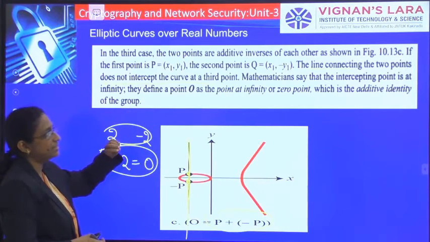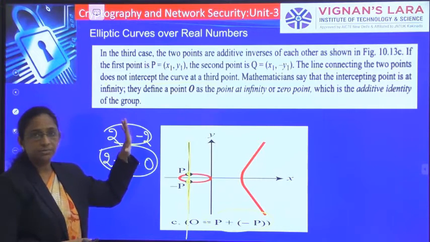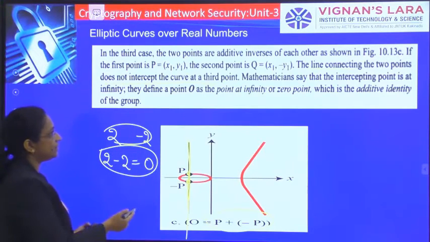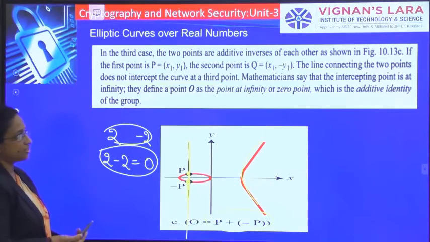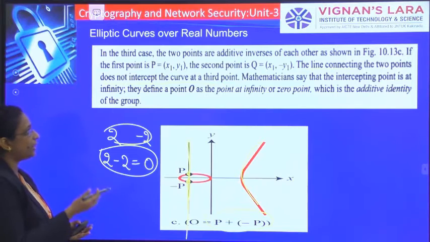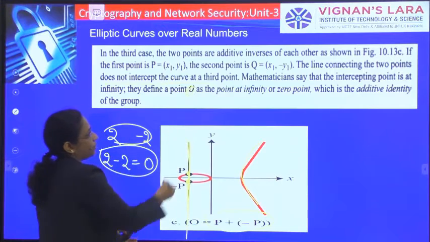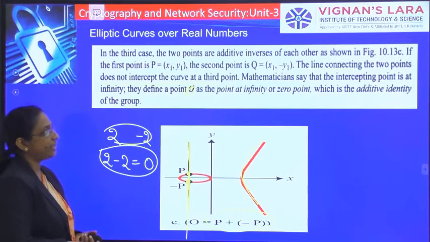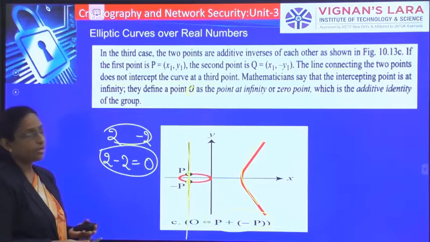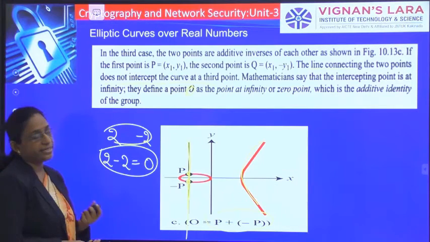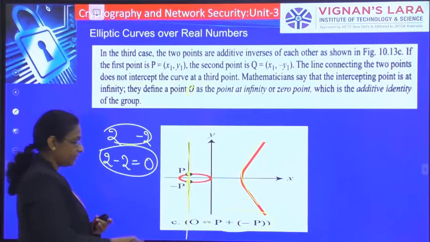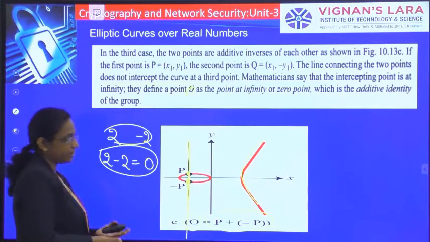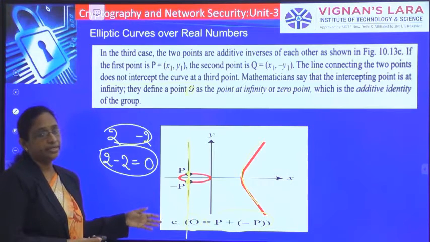Mathematicians say that the intersecting point is at infinity, and they define this O as the point at infinity or zero point, which is nothing but the additive identity of the group.